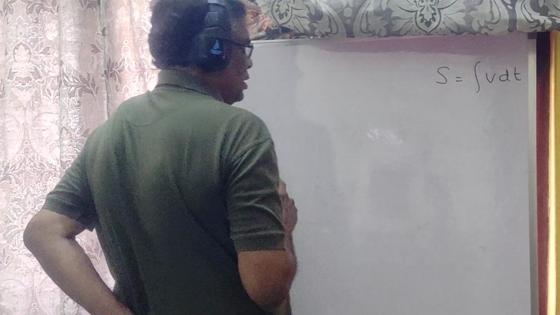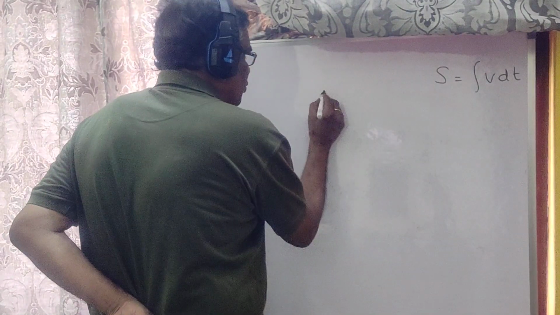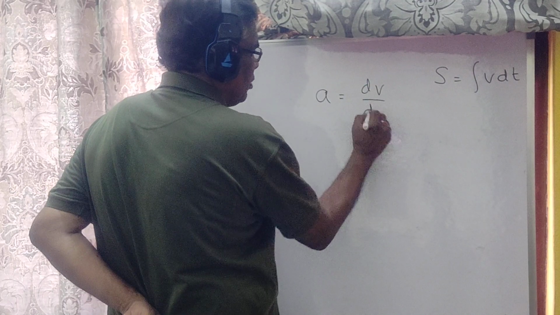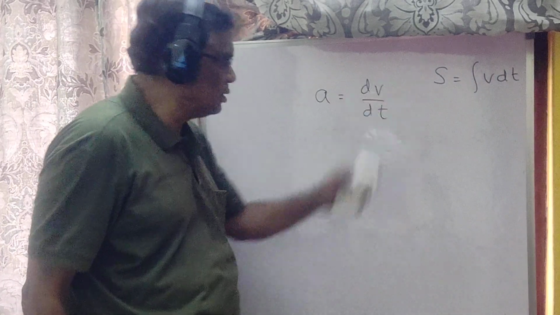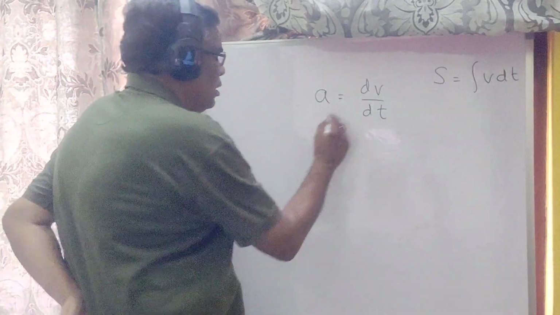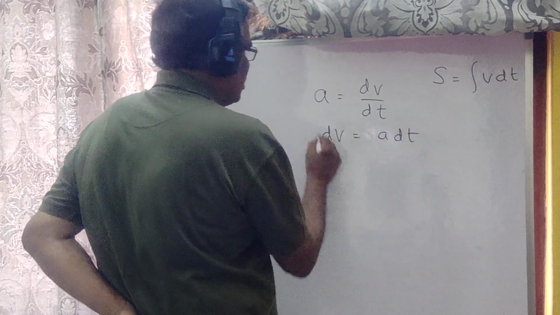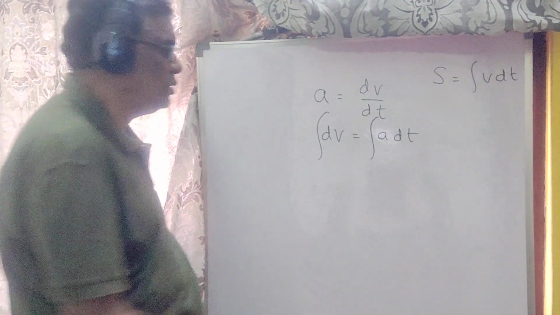Now the first definition I have is v is equal to dr by dt. The second definition, a is equal to dv by dt. Now this a is equal to acceleration is equal to rate of change of velocity. Now if I rewrite this, I'm going to get integral dv is equal to integral a dt.